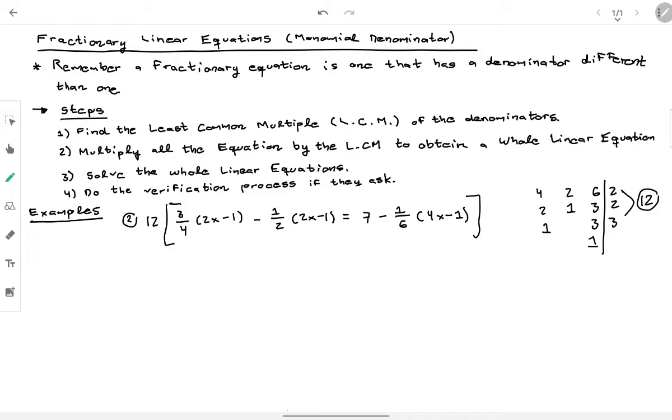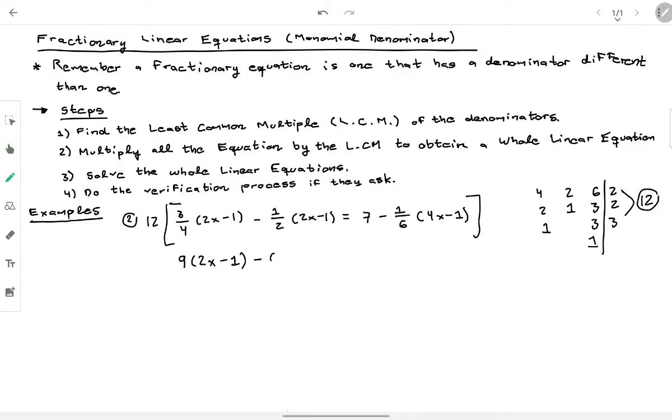So let's see. This 12 will multiply this term, this term, this term, and this term. So 12 over 4 is 3. Multiplied by 3, it's 9. That will multiply 2x minus 1. On the next one, it's going to be minus 12 divided by 2, which is 6.